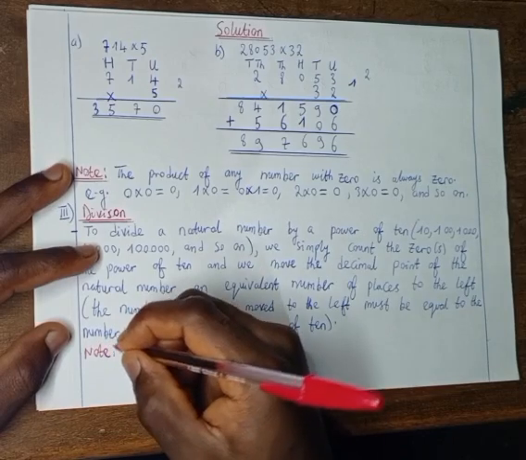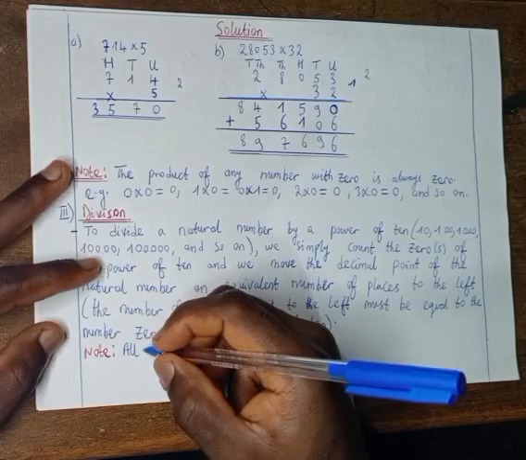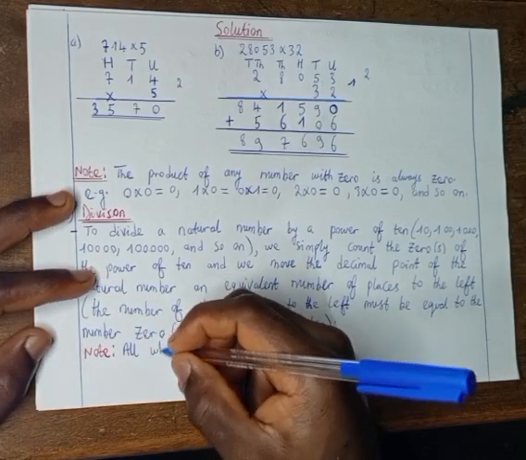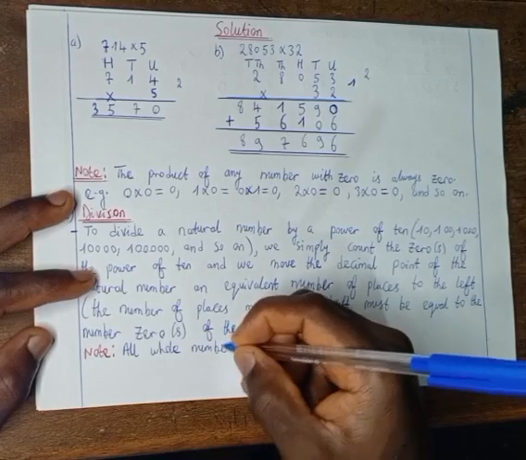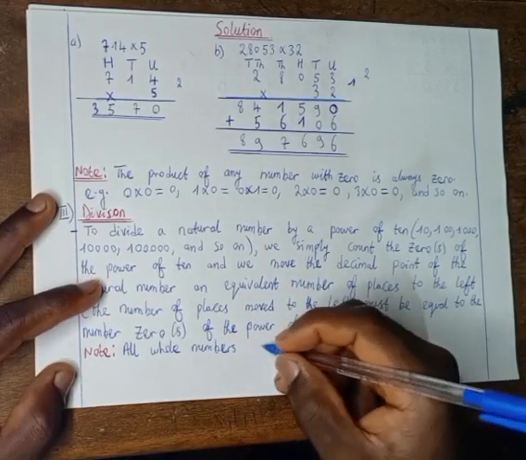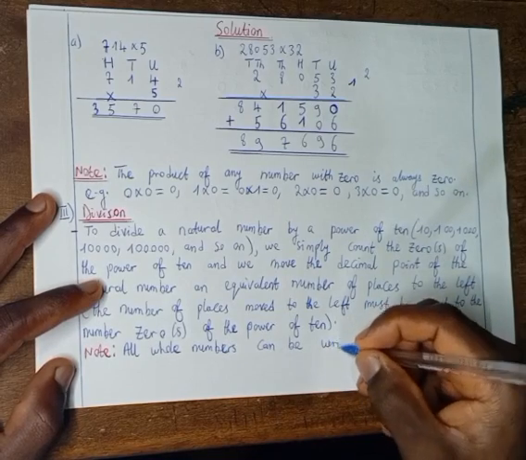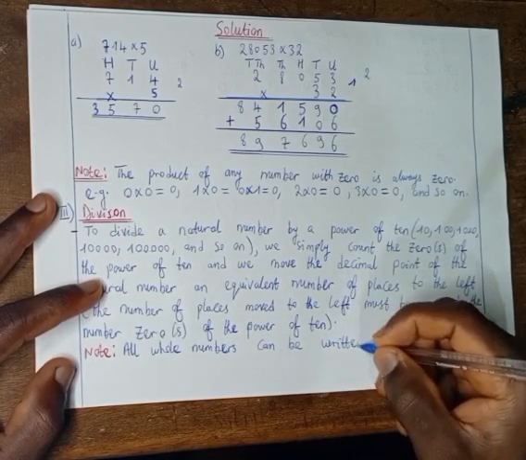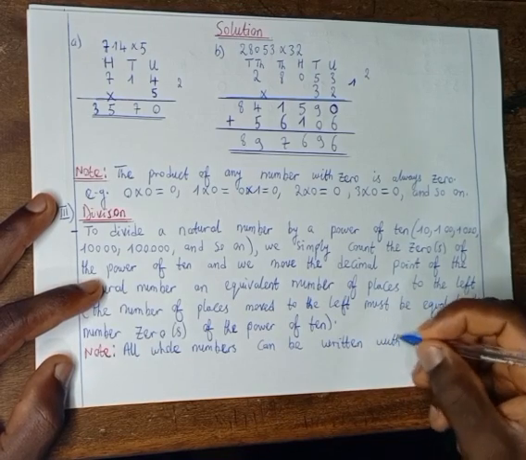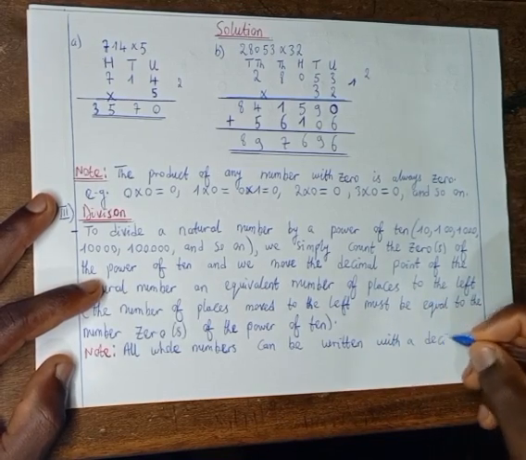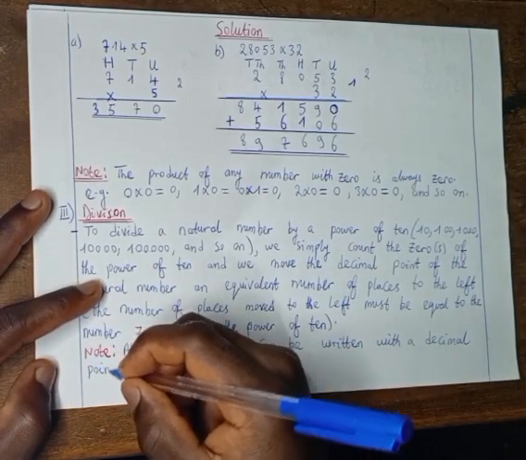All whole numbers can be written down with a decimal point.